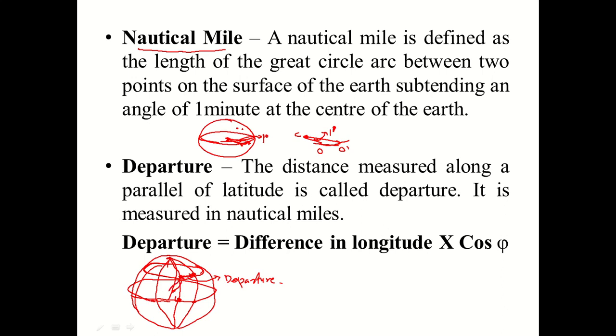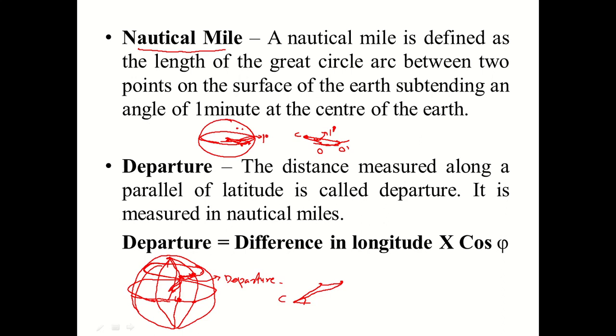So now if we consider these 2 distances, I am redrawing here. The 2 points are here and the center of earth is here. These two points are at the same latitude, so this angle will always be the same.